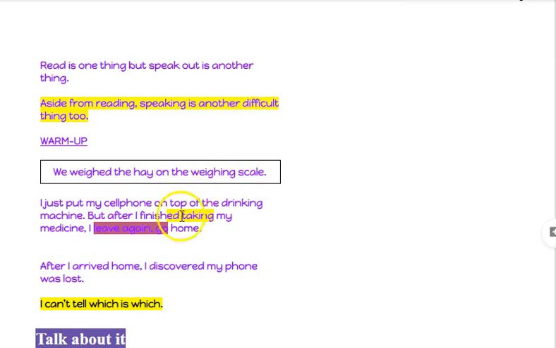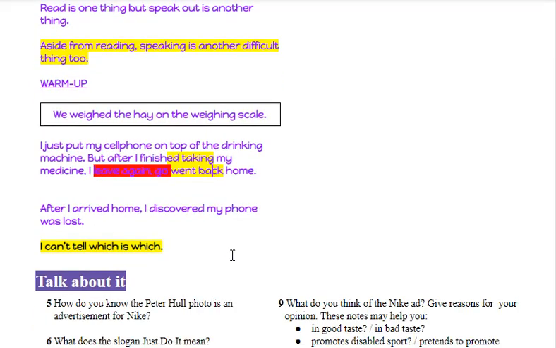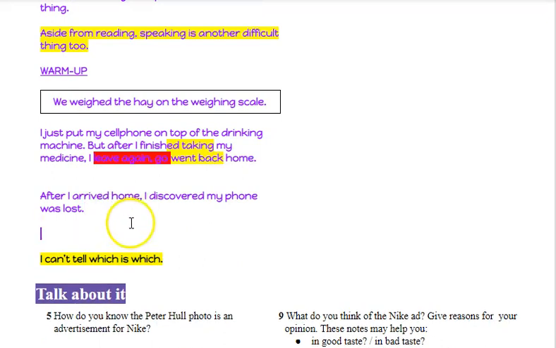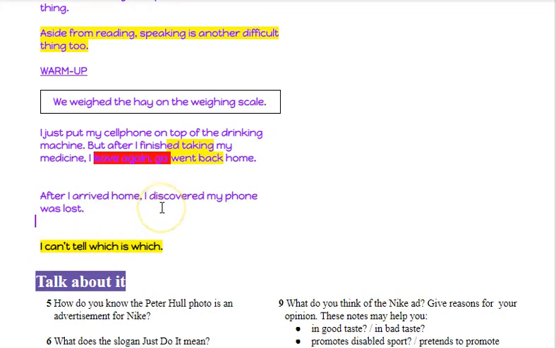Okay, you can just say I went back home. I went back home. But after I finished taking my medicine, I went back home. After I arrived home, I discovered my phone was lost.